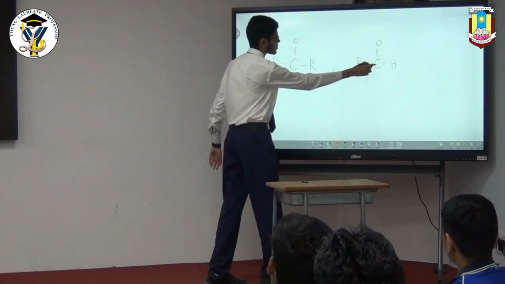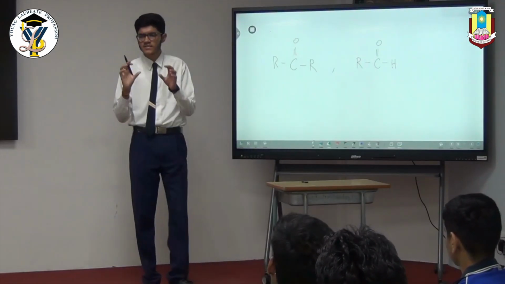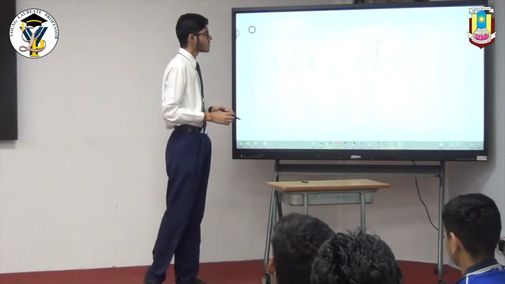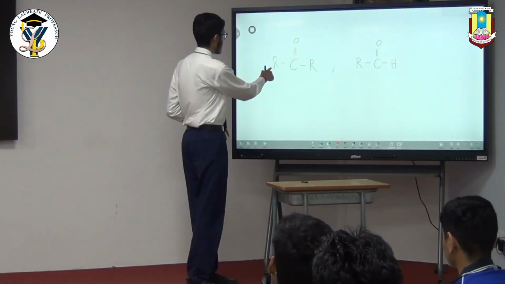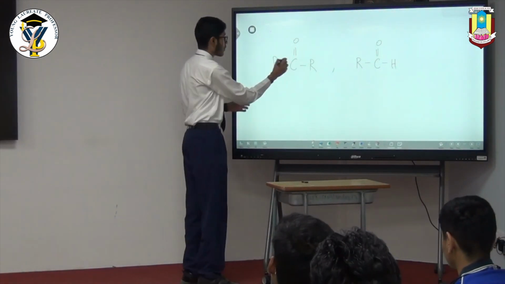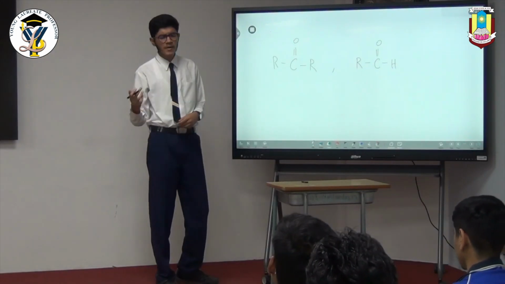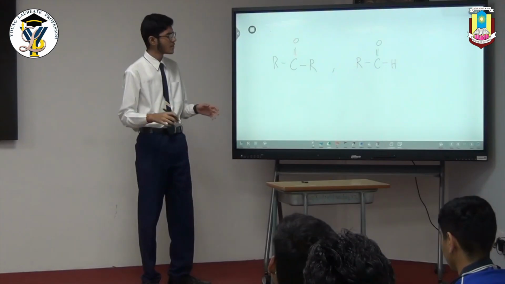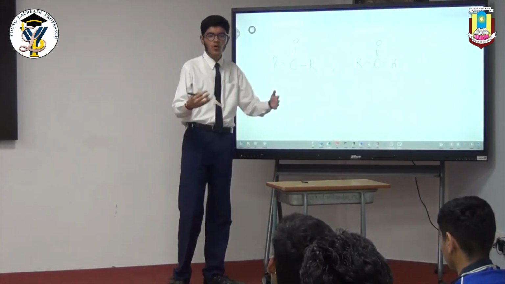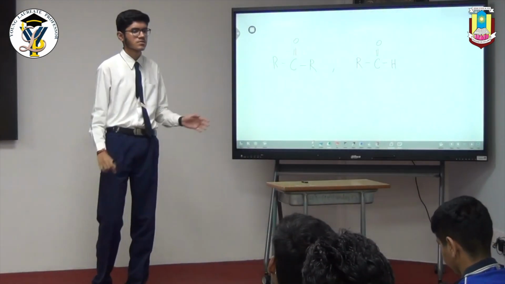Here you can see the hydrogen atom. It is not a bulky group, it's just one single atom present here. So attack over here will be much easier. On the other hand, for ketone, two bulky alkyl groups are present. It is a bit difficult for the nucleophile to attack, as there will be hindrance present. So aldehydes are in general more reactive than ketones.